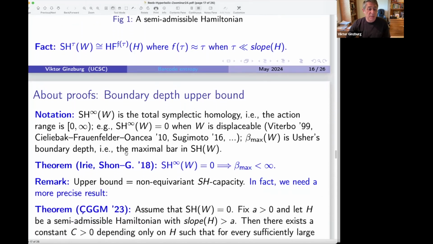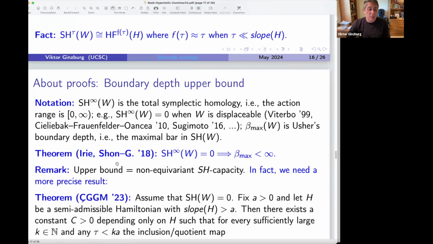There is a simple observation by Ginzburg, Shelukhin, and myself that whenever the symplectic homology of a domain vanishes, the boundary depth is bounded from above. So it's finite, and the upper bound is very explicit. One can take the non-equivariant symplectic capacity, or one can take just the displacement energy, which is a slightly weaker bound. Either way, it's a very simple result.